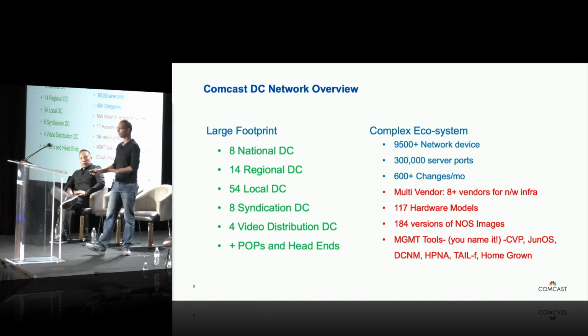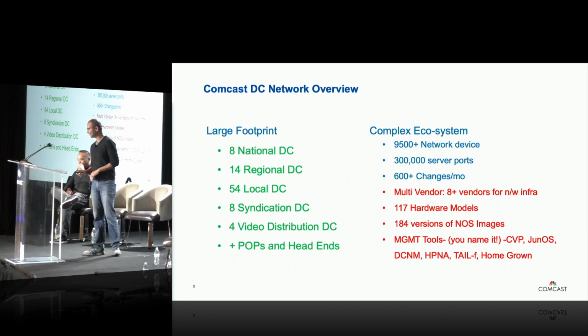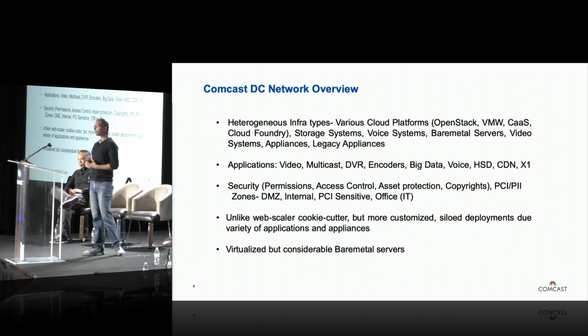Management tools, we don't want to talk about it. Everything is there. So what runs on that hardware? Different cloud platforms: OpenStack Cloud, VMware Cloud, Kubernetes, Container as a Service, Cloud Foundry, and video systems, voice systems, bare metal, all different kinds of applications and protocols.